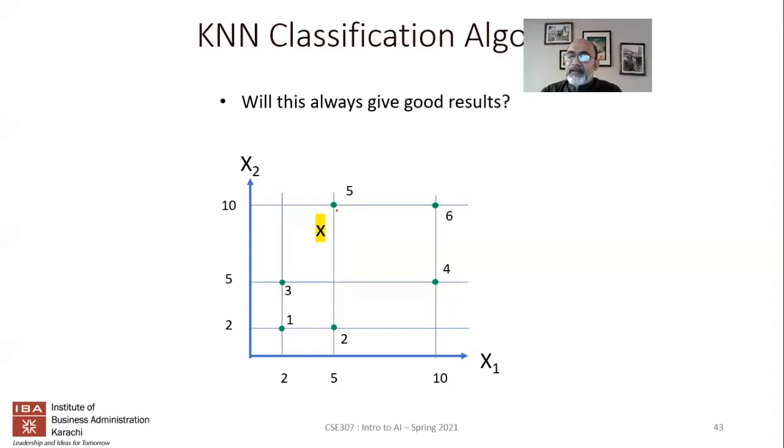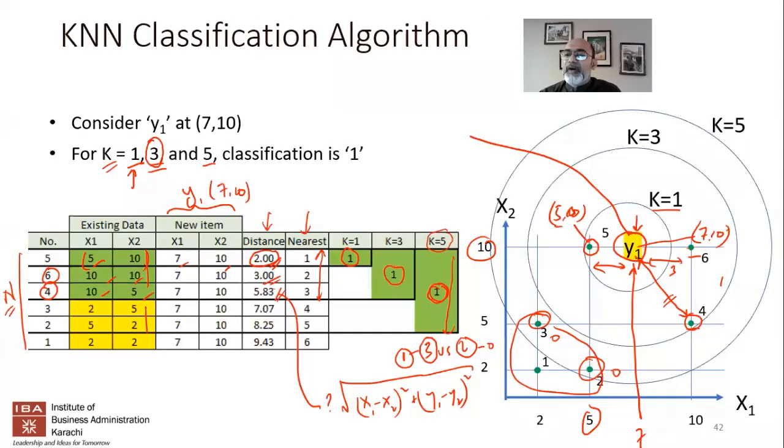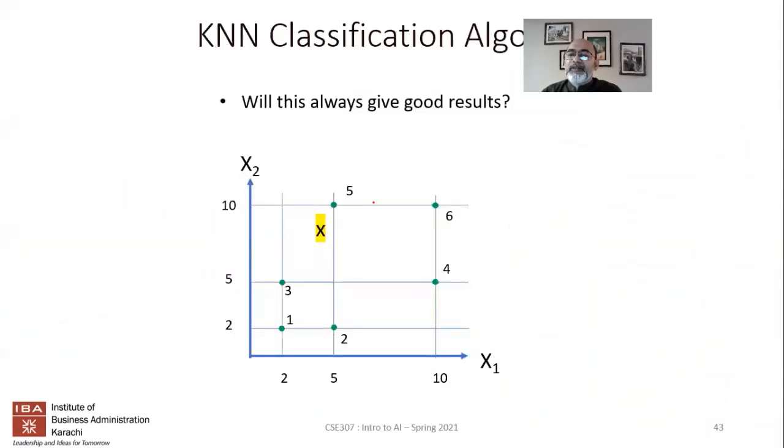In the earlier cases, remember I picked y somewhere over here. So this was y1 over here, and the other example that I picked was also over here, the first example. But now instead of using k is equal to 1, as k increases, what do you think the results are going to look like? Now what about k is equal to 3 in this case?